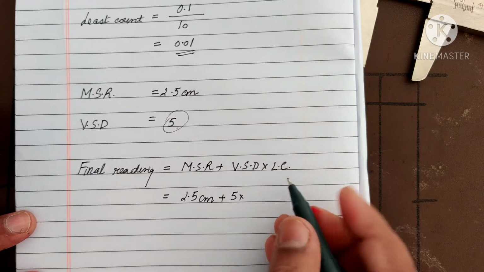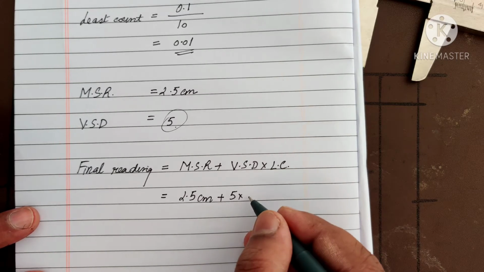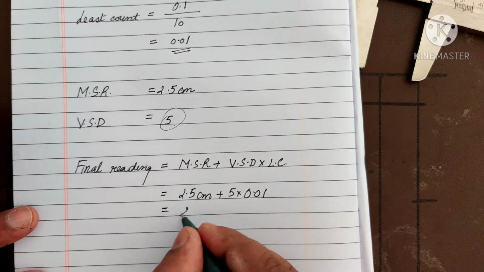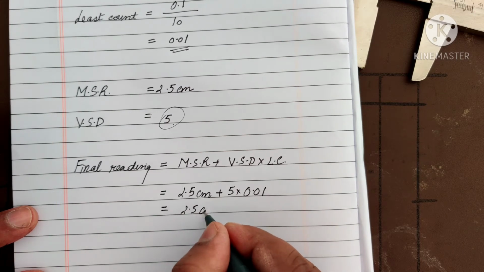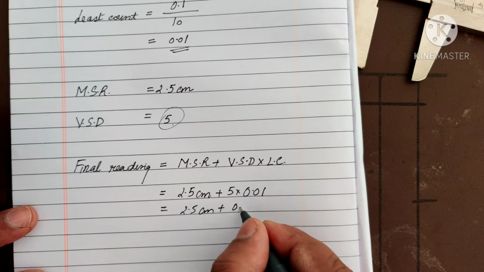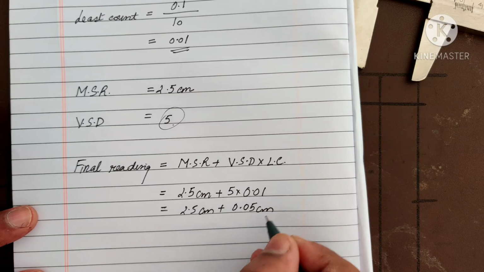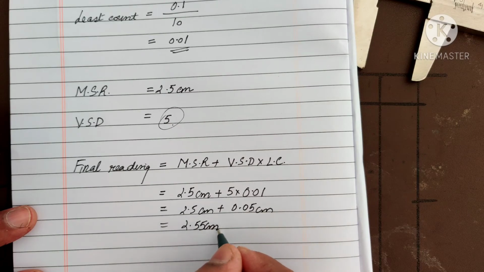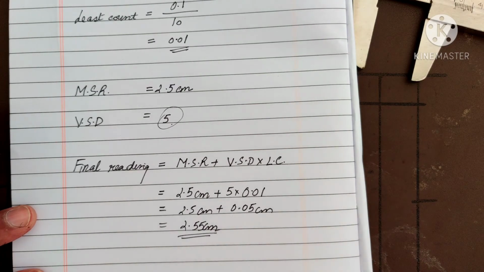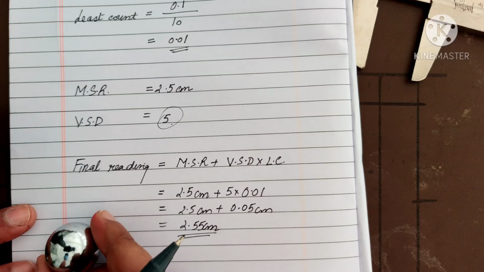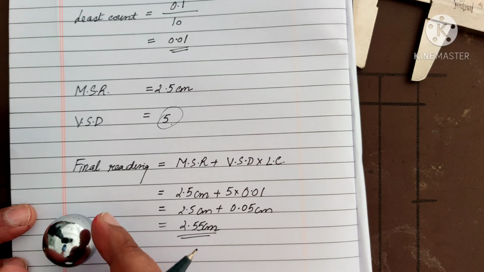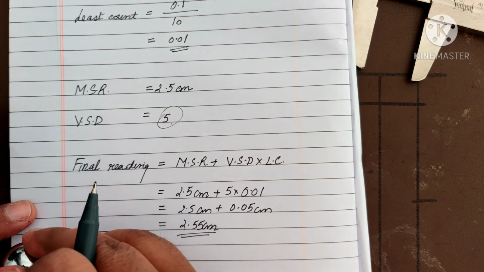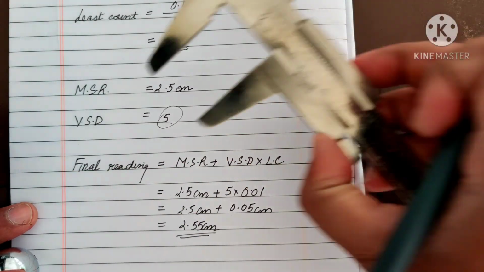Into least count of the given instrument, 0.01. So if we put the values and calculate it, that is 2.5 centimeter plus 0.05 centimeter, that is equal to 2.55 centimeter. That is the diameter of the given bob. So in this way you are going to calculate the diameter of the given bob with the help of this vernier caliper.